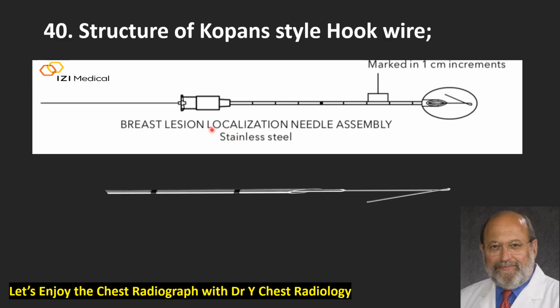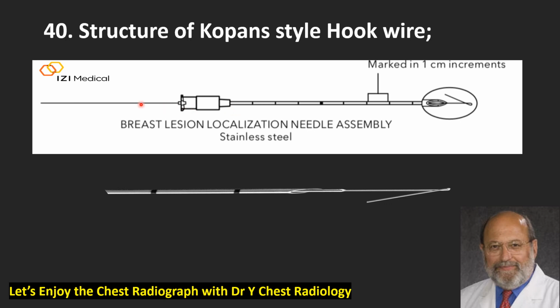Structure of Kopans style hook wire. This is the assembly of the needles. It is composed of two parts. One is this one, from here to here. This one is the introducer. It is actually a longer form of syringe needle, beveled edge with tunnel, empty tunnel.